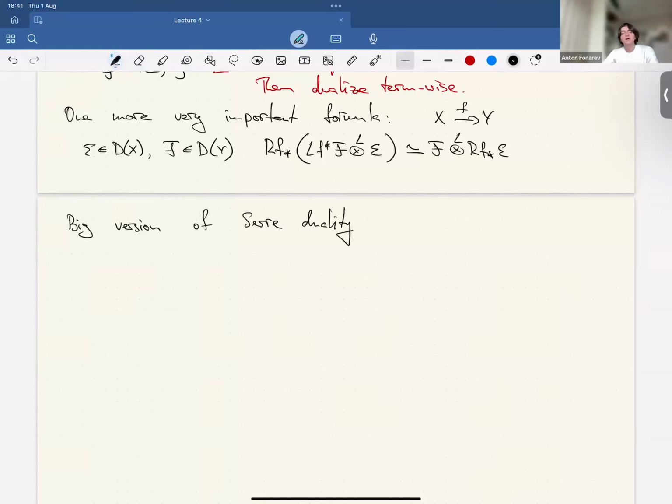I mean, there are many of those, but one way of doing it, if you have a morphism from X to Y, say a smooth morphism again, then you can define omega F as the determinant of the relative sheaf of differentials. And technically, what is the relative sheaf of differentials?